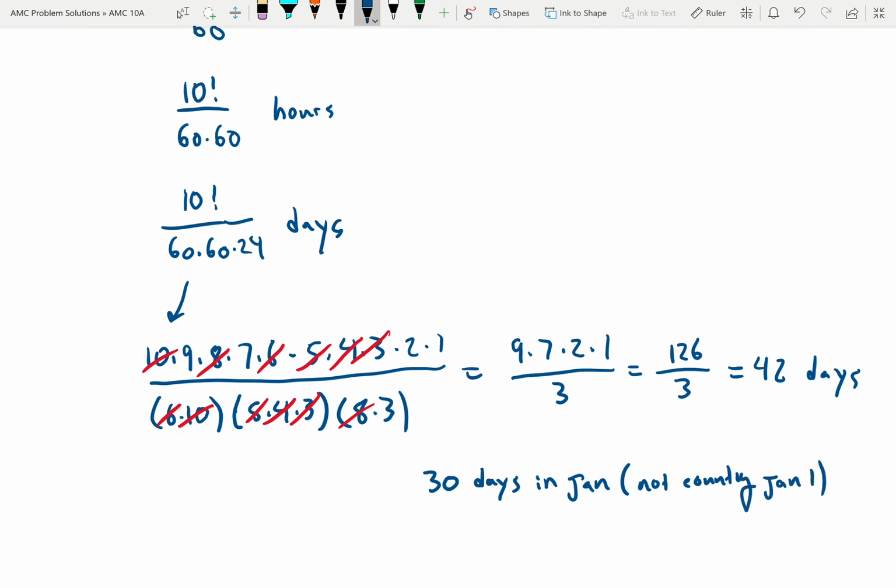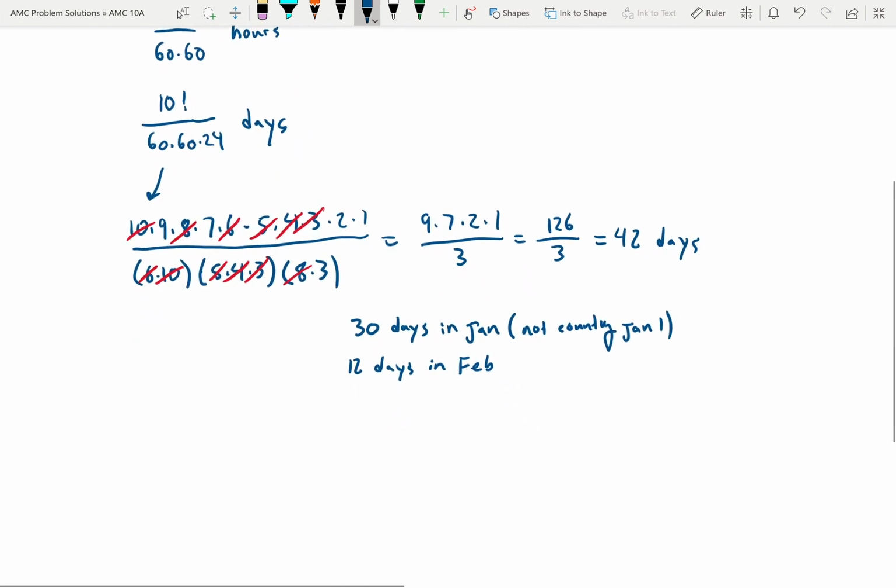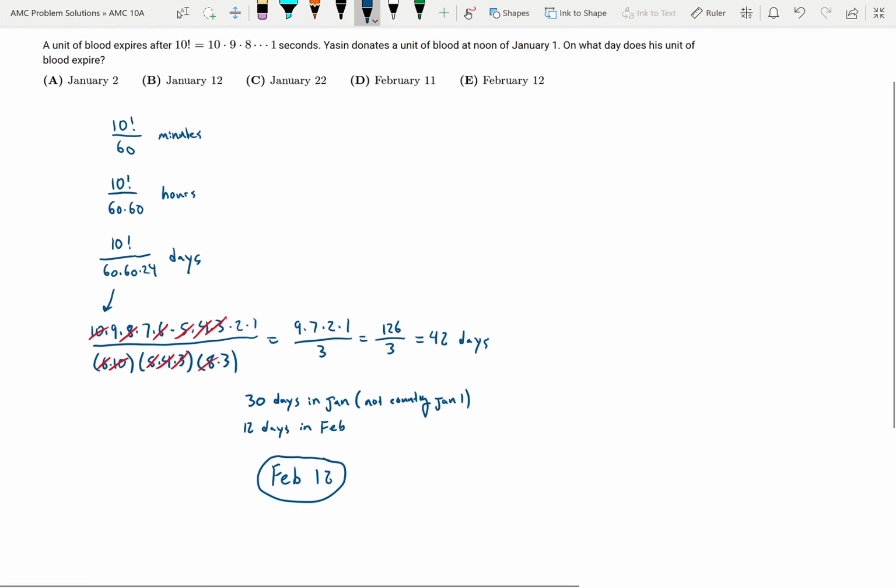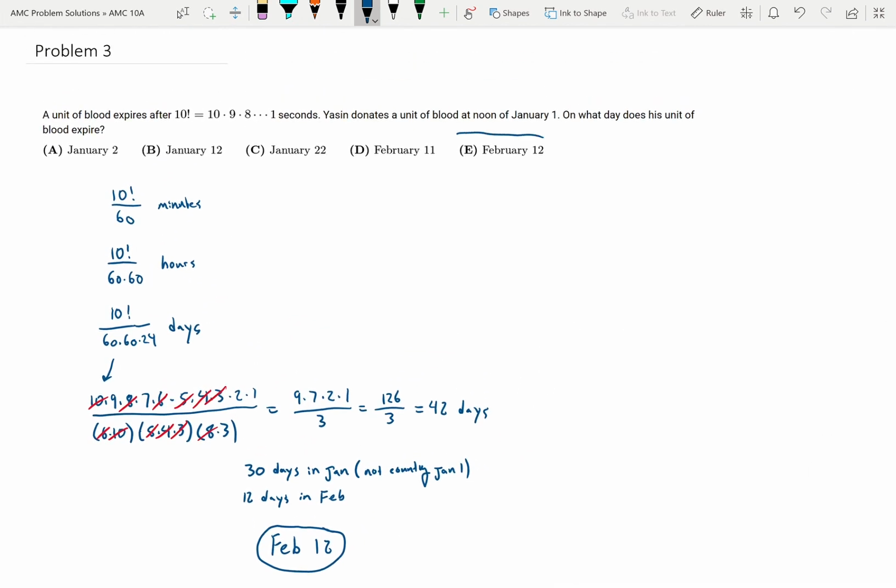Next, since it's 42, we're then going to count 12 days in February. And so 12 days into February, obviously that's February 12th. So the blood is going to expire on February 12th.